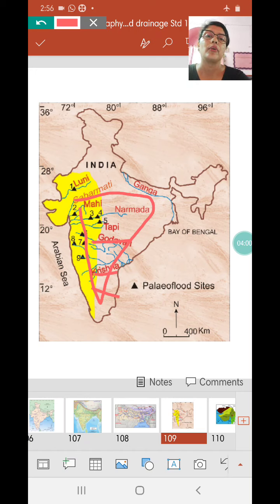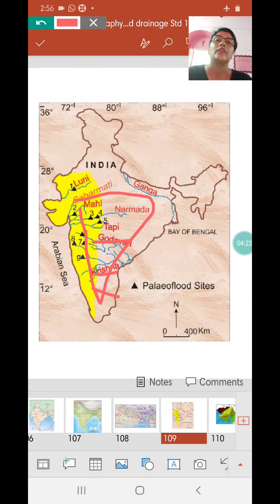Therefore many eastward flowing rivers are found here. We also need to keep in mind that these peninsular plateau rivers are not perennial. They go dry during summer season. They get flooded during rainy season, but during summer they are dry. No doubt they are very important for agriculture in India.